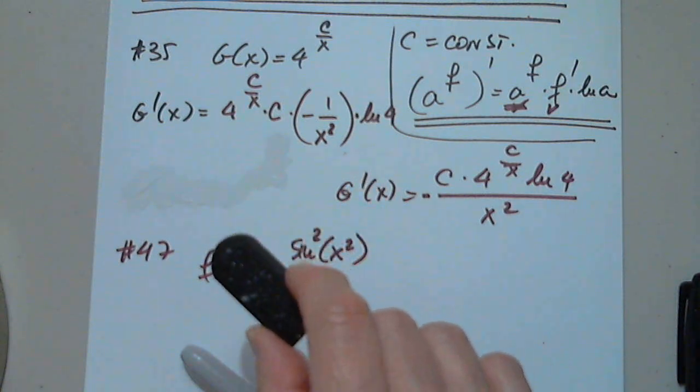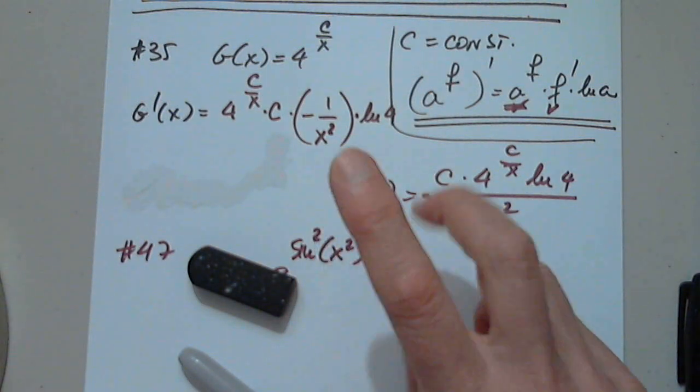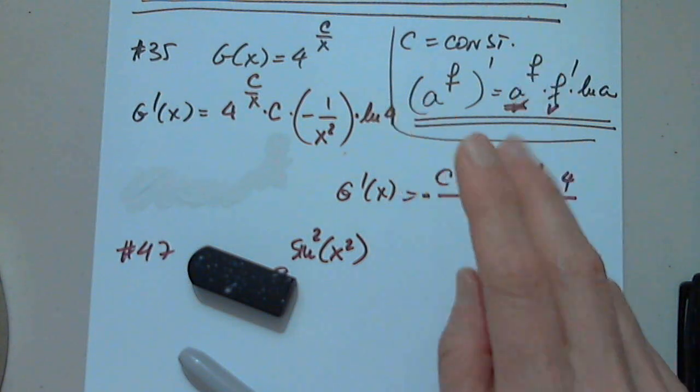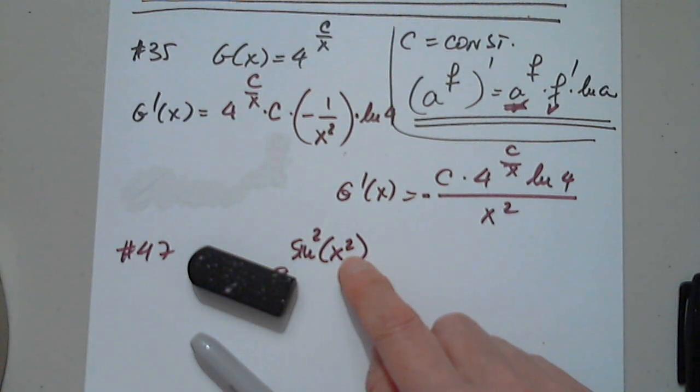Awesome. Now, what is the inner function? Power 2. What is the next inner function? Sine. What is the next inner function? X squared.